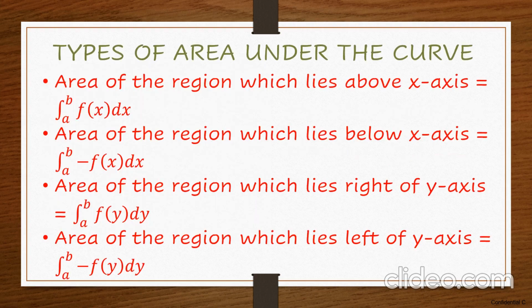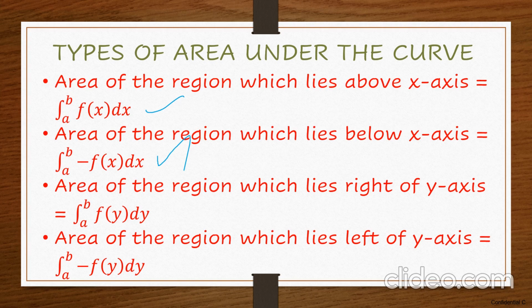Let us recall the formulas, the types of area under the curve. First formula, the area of the region which lies above the x-axis: integral a to b f of x dx. Second, the area of the region which lies below the x-axis: integral a to b minus f of x dx.